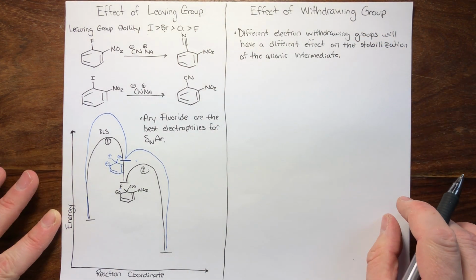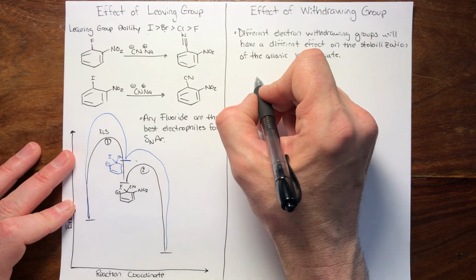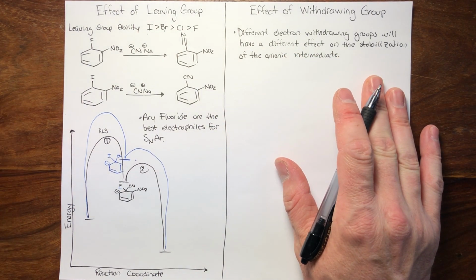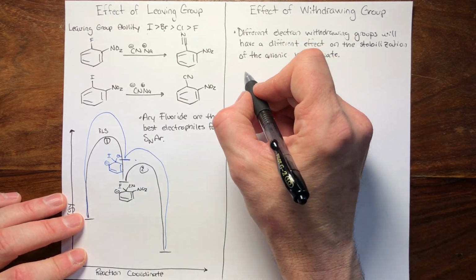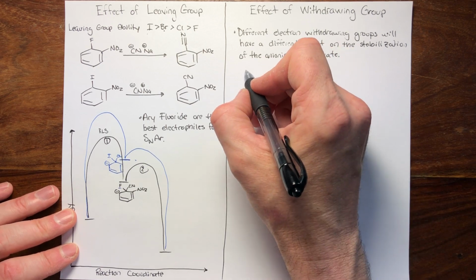Some electron withdrawing groups are going to be stronger than others and will more easily hide that charge that forms, or delocalize that charge that forms. So let's take a look at the relative rates of some different electron withdrawing groups. We're going to use the term KREL, which is just relative rate constant.